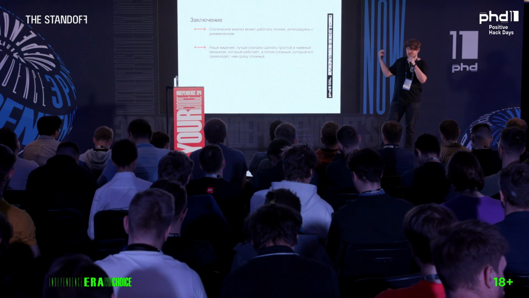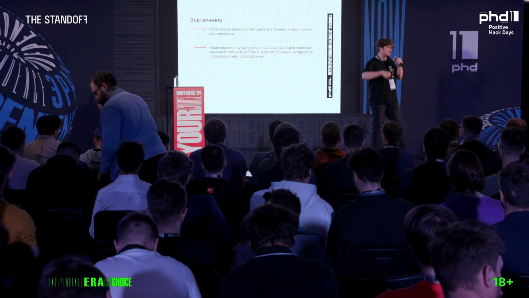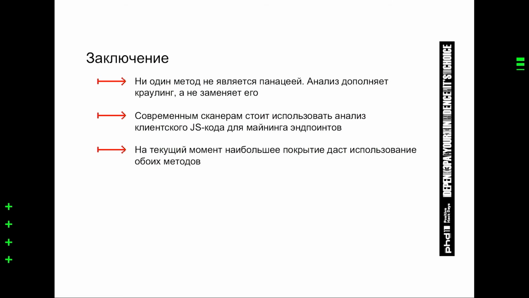If you don't have an existing solution, you'd rather do something simple that does work and then complicate it later. As far as endpoints and vulnerabilities are concerned, none of the methods is a silver bullet. JS analysis is not better than dynamic crawling. It's rather a complement to it. Dynamic crawling is better in some things, in some data entry points, and a static scanner is better in other things.